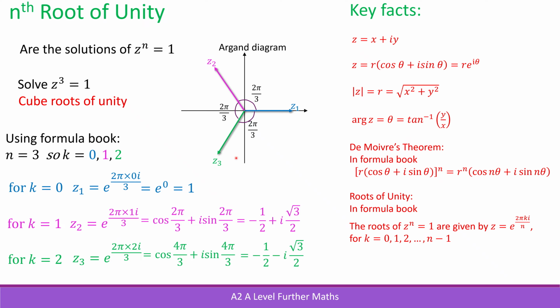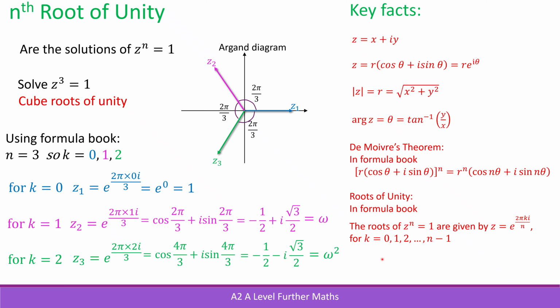But we can use some different notation. So I can say that this first one here is 1. And the second one, the answer I've got here, cos of 2 pi by 3 plus i sine of 2 pi by 3, I call that omega. If I multiply 1 by omega, it takes me to this root here. If I multiply this answer z2 by omega again, it will take me to z3.